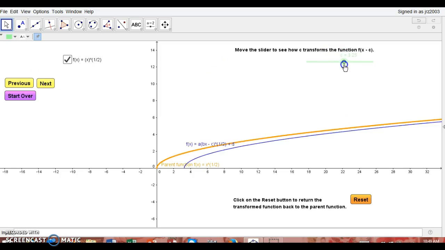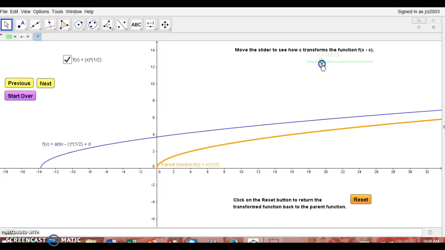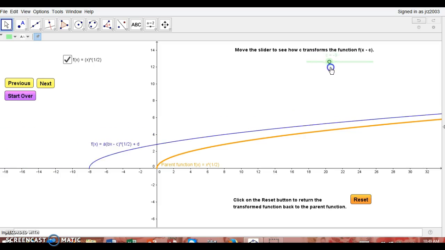Then we look at c. It's pretty cool. You could talk about how c actually affects the domain of the function.